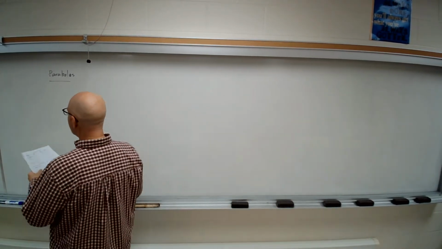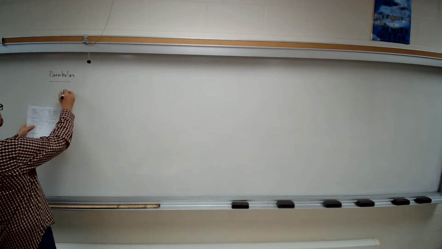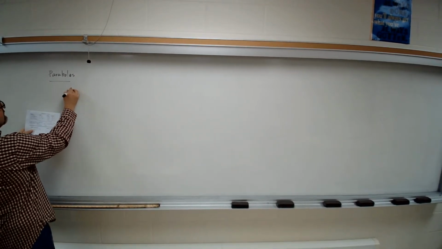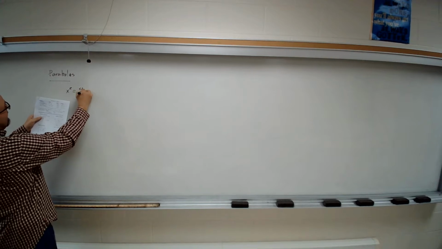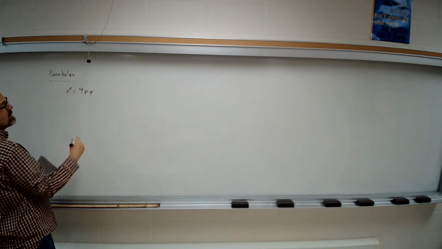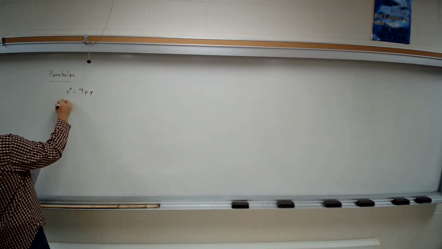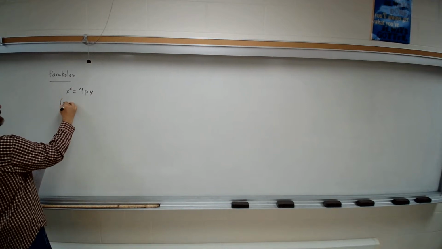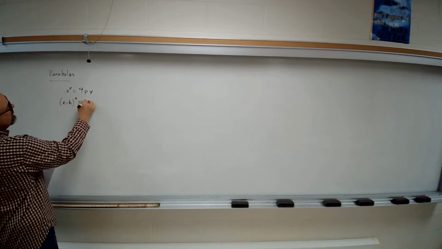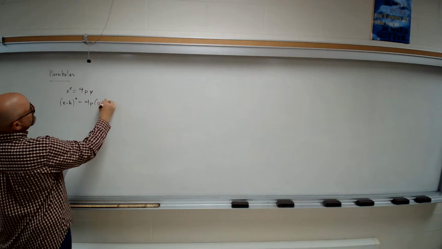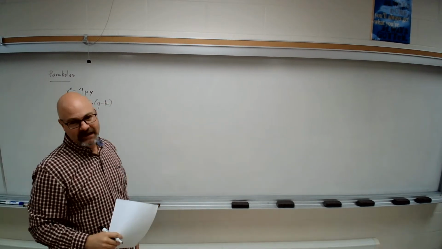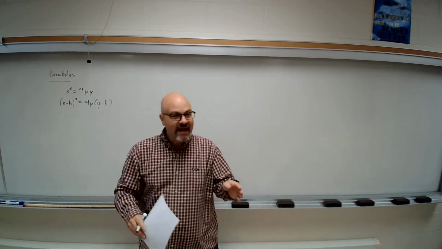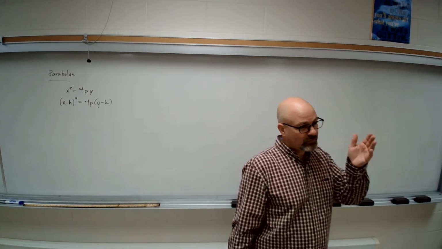So in your little table here, the first equation, it's probably easiest to think about x squared equals 4py. Or right in that same box, you also might put (x minus h) squared equals 4p(y minus k). And this is the old h and k that were our horizontal and vertical shifts.